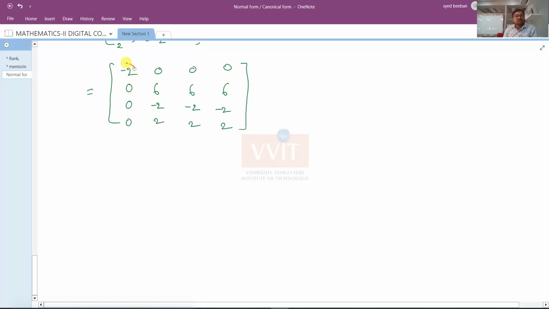Now I need to move from here to here. That means I need to change R2 and R3. Sorry, R3 and R4. So R3' based on R2, R4' based on R2. So what may I get here? Here I already have 6.